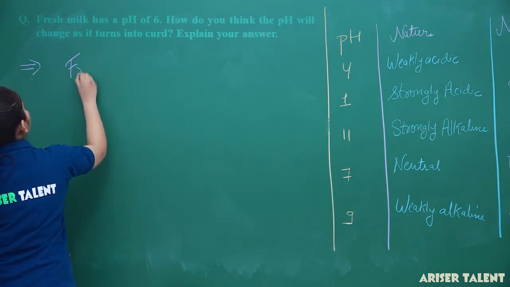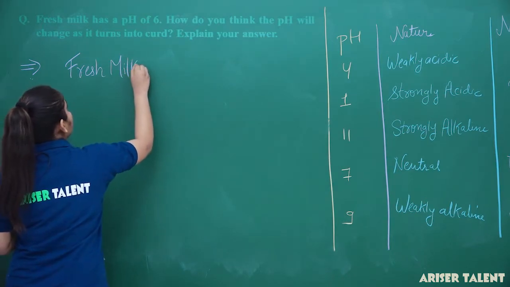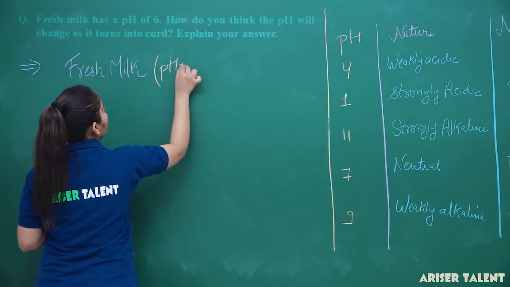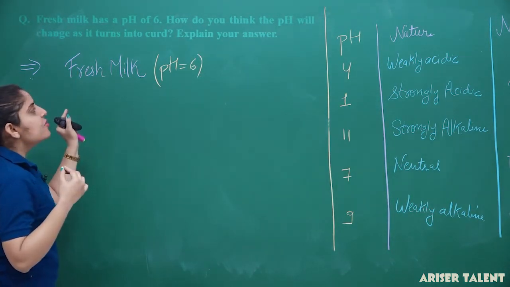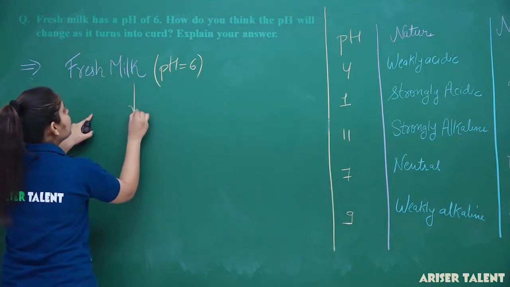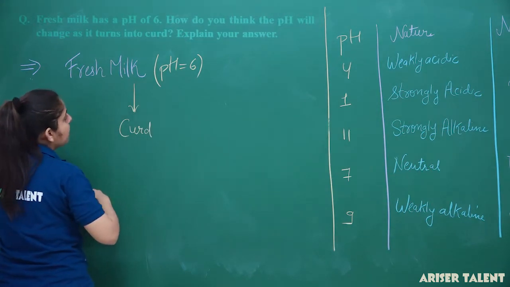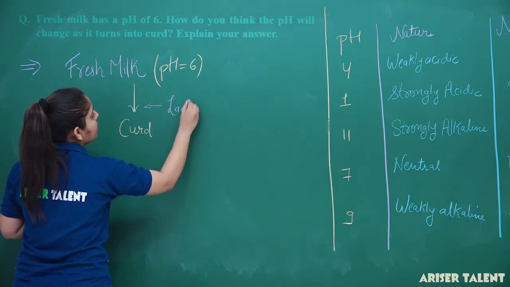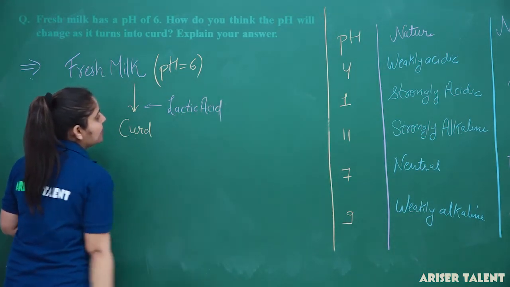We have taken fresh milk. This fresh milk has a pH of 6. Now, this milk changes into curd. What actually happens here? If the milk changes into curd, it means the milk basically contains lactic acid.